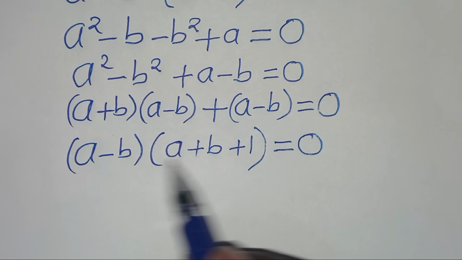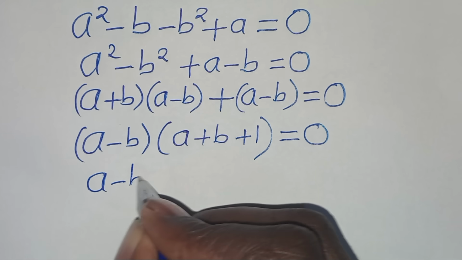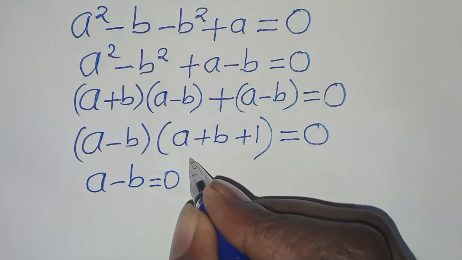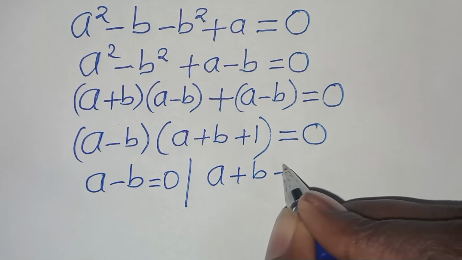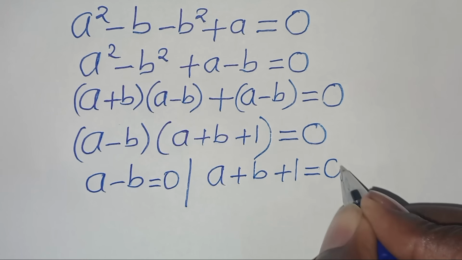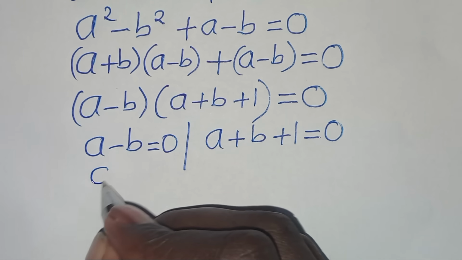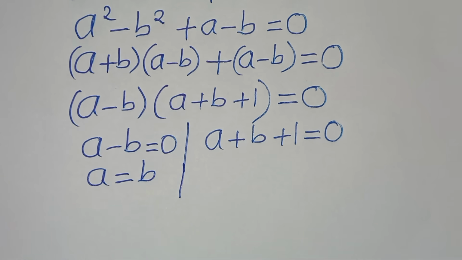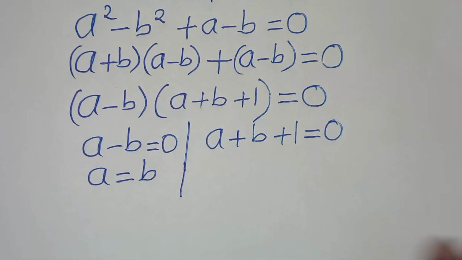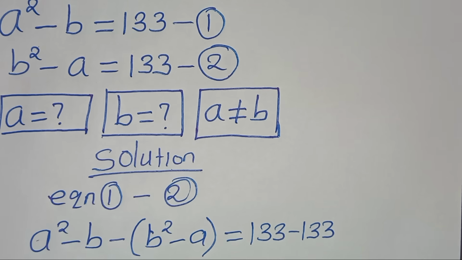So this means that we have got two parts here. The first part is a subtract b equal to 0. Then we have a plus b plus 1 equal to 0. In the first case, we have that a is equal to b, and this violates the condition that a is not equal to b.